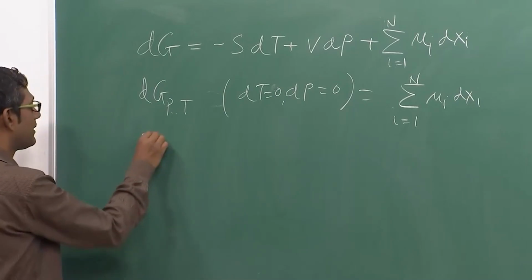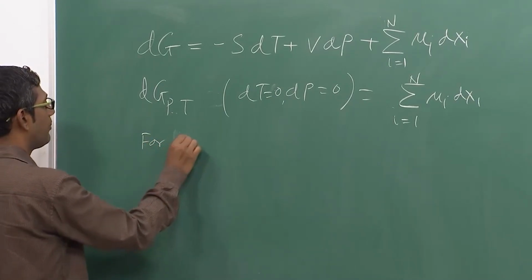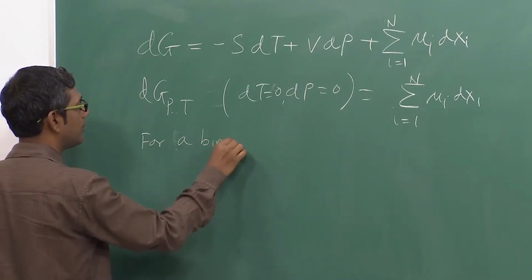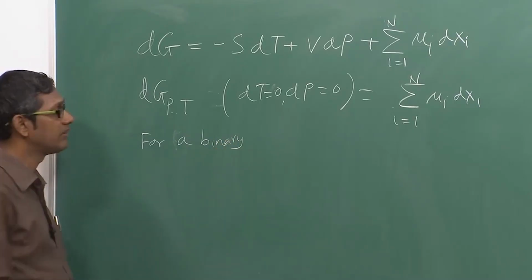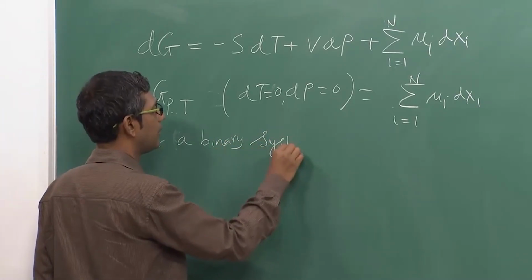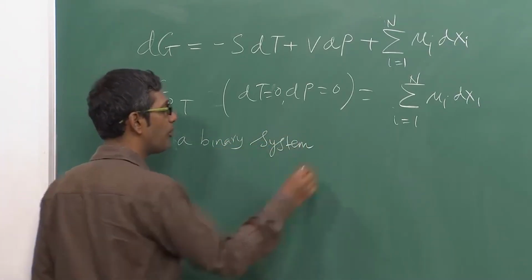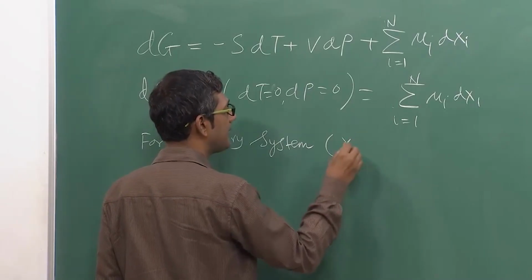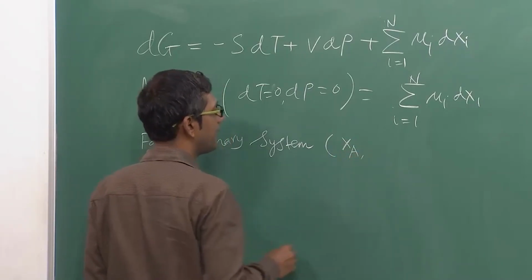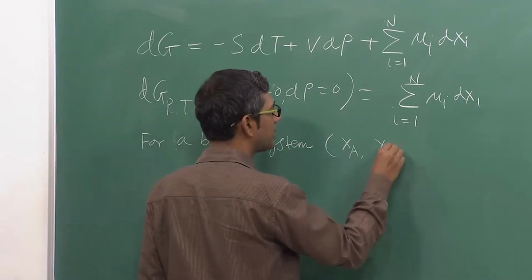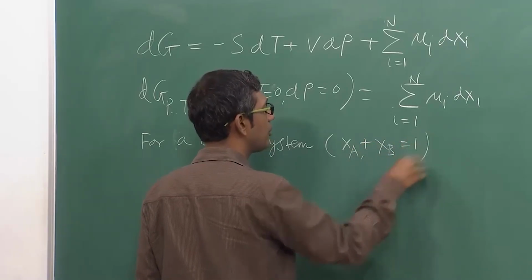So for a binary system, we can write it down very simply. A binary system will have 2 components. Let us suppose it has mole fraction of A as xa and mole fraction of B as xb, so therefore xa plus xb is equal to 1.